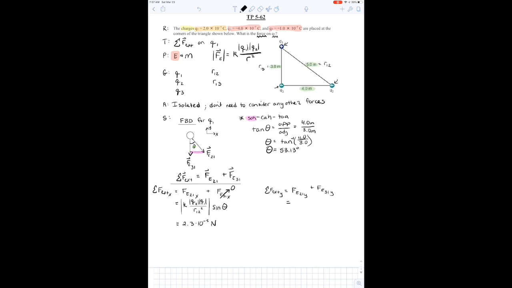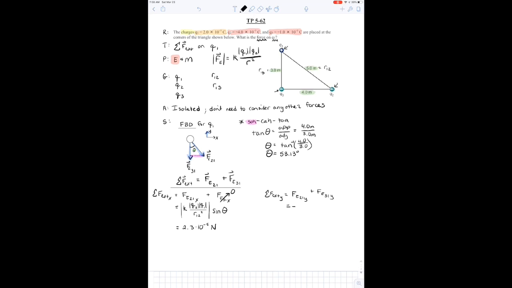For both of these forces, if you look, they're coming in the negative y direction. So I'll highlight that part right here. Positive y points up. These forces are pointing in the negative y direction, so they're going to be negative values. So I have a negative Coulomb's constant times charge 2 times charge 1, all divided by that distance squared.